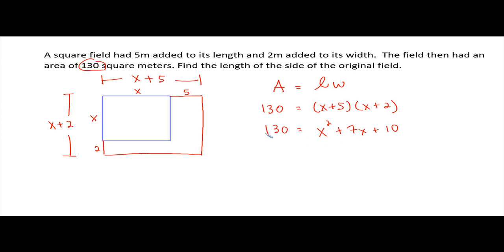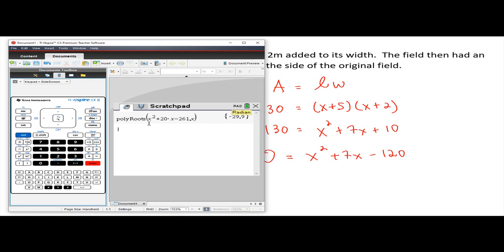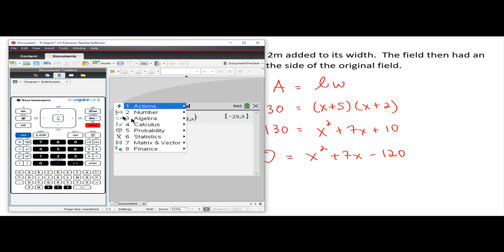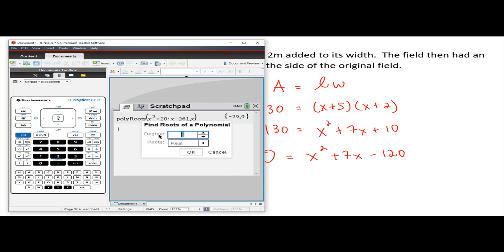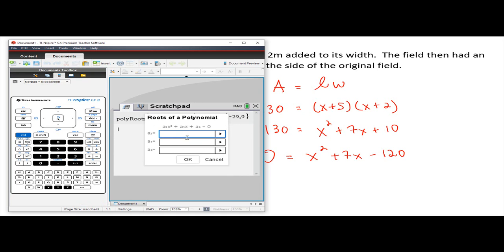So we've got a quadratic, so we make it equal 0. Plus 7x minus 120. Once this quadratic is in standard form and equals 0, we can just use the calculator, like we did with the last example. Remember, go to menu, algebra, polynomial tools, find roots of polynomial, and the degree will be 2. Then just put in the a, the b, and the c.